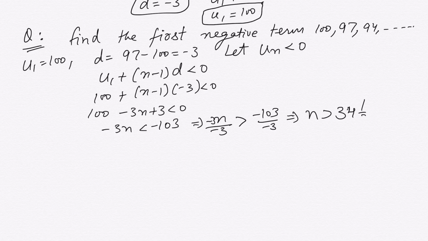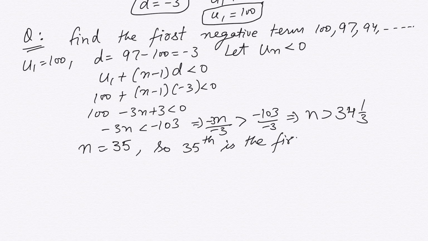34 and 1 by 3. Now my n is the number of the term, so it has to be an integer, right? So which integer is more than 34.333? Definitely it's 35. So what will you write? 35th is the first negative term in the given arithmetic sequence.